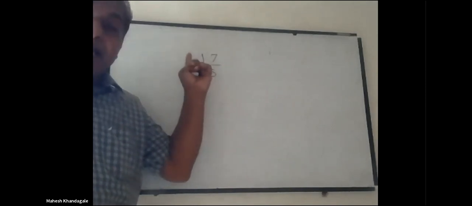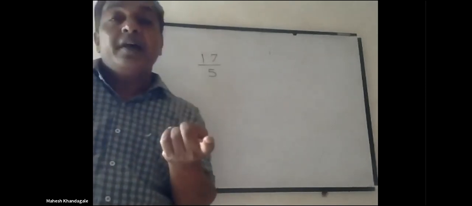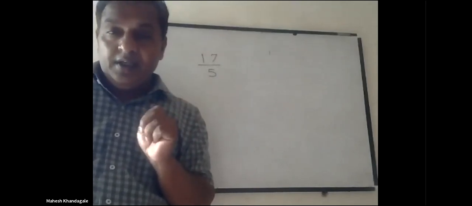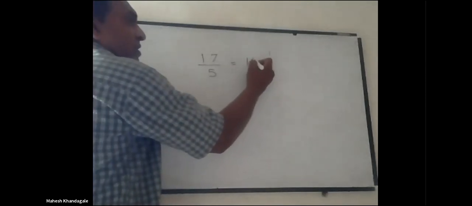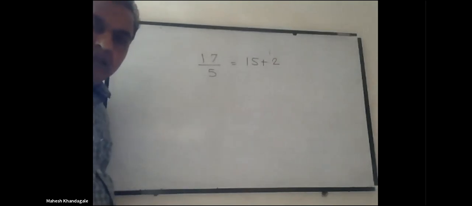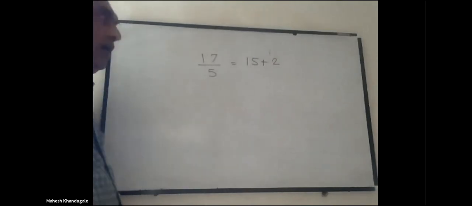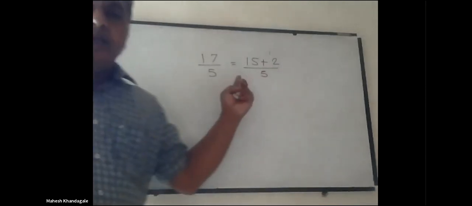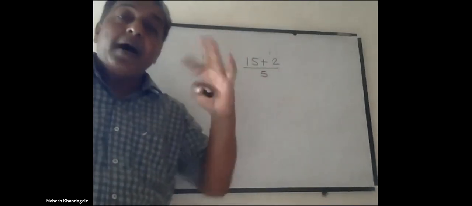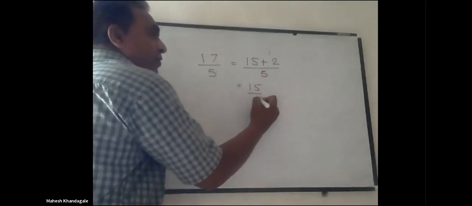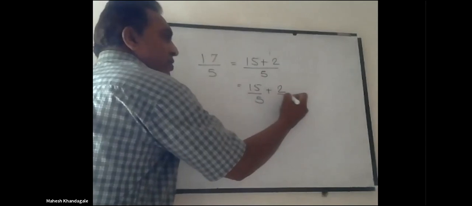If we divide 17 by 5, what will it go into? 5 into 3 is 15. So we will split it as 15 plus 2, right? Denominator is same. Now divide each part by 5. So this can be written as 15 upon 5 plus 2 upon 5.